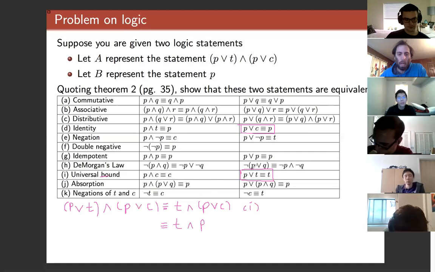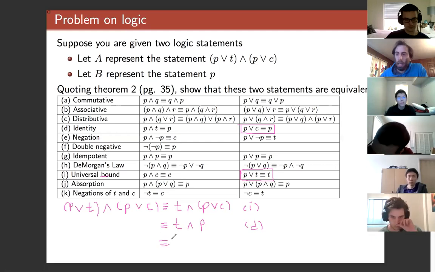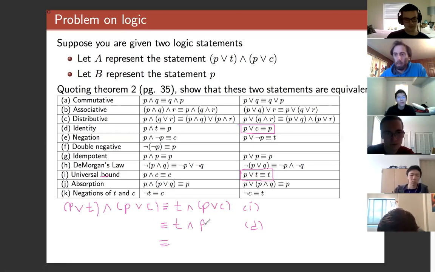We used row I, then we used row D. All right, and then we have the tautology and P. Okay, so if we go back to the identity, we have P and the tautology, but that's not quite the tautology and P. But the AND operation has commutativity as a property, so let's use it. And then we'll be able to go ahead and use the identity again.